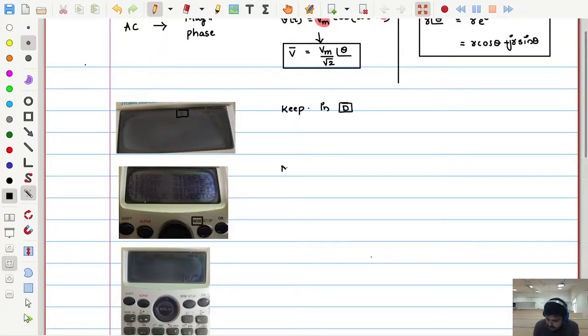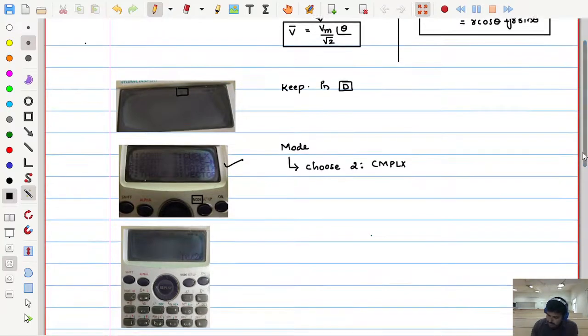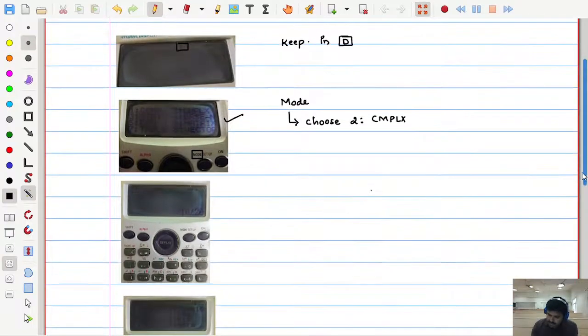Once you press it, you should see this display. Check whether you can see it. Then choose number 2, which represents CMPLX, complex. Once you choose this, you are in a position to type any number in complex form.